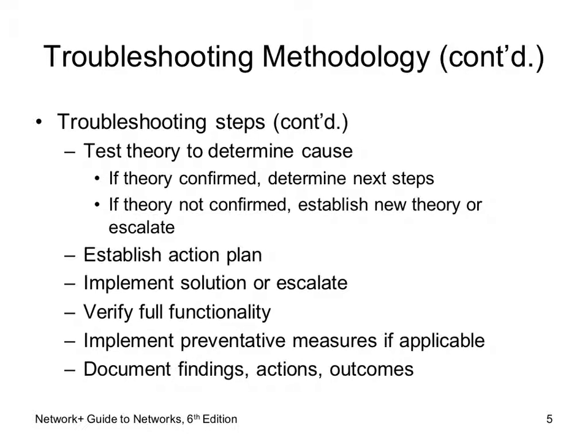Then troubleshoot, continuing here: testing the theory, determine the cause. After you've figured out the problem, come up with some type of theory to confirm what the next steps are. If the theory isn't confirmed, meaning your theory is wrong, go to another theory, escalate it, keep going. Don't give up, keep thinking about it.